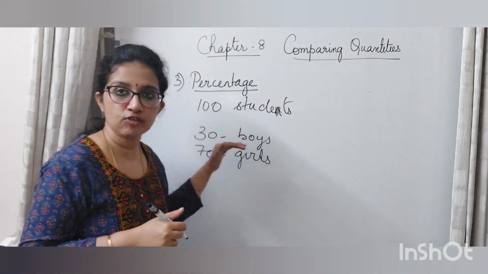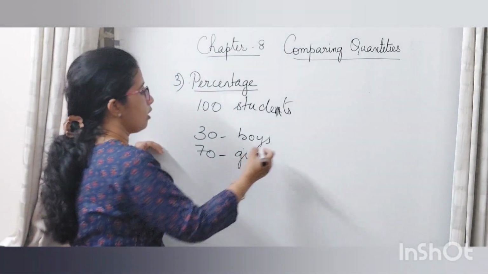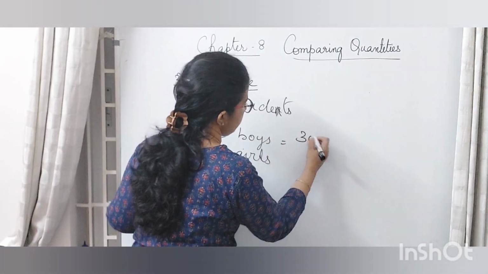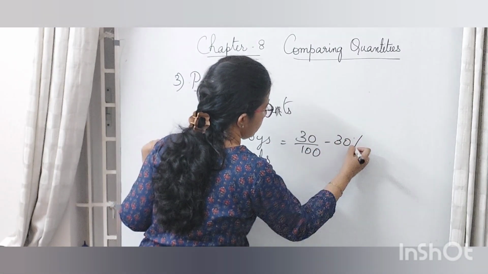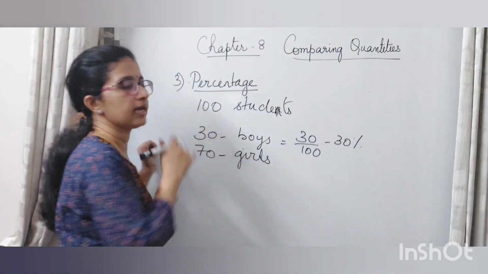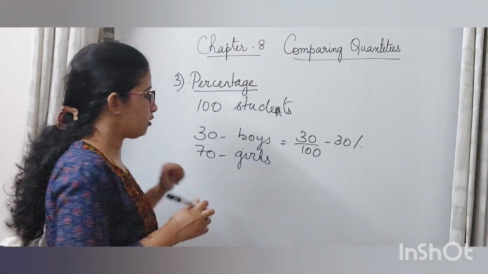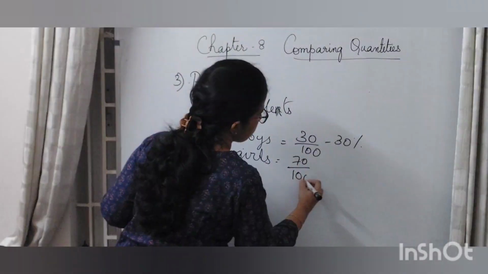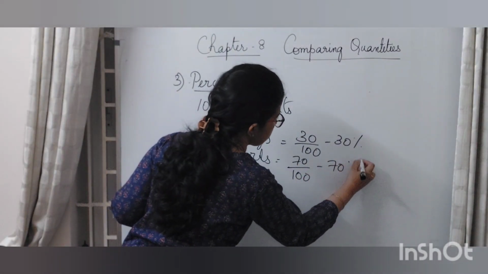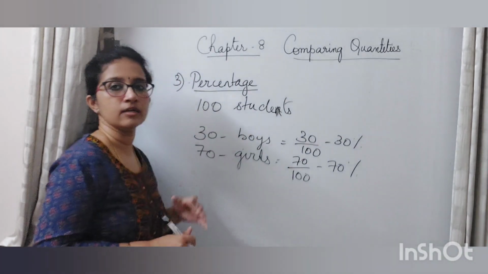What is the percentage of boys? So how do you find it? 30 by 100 or 30%. Okay, 30% of the class are boys. What about girls? 70 by 100, that is 70% of the class are girls.